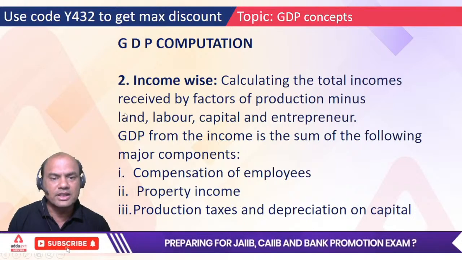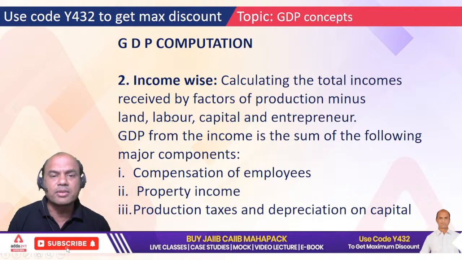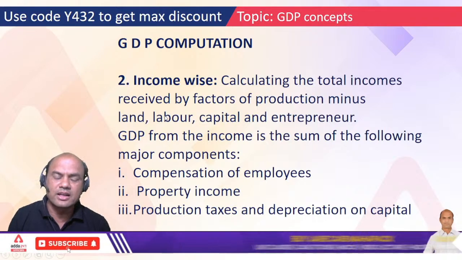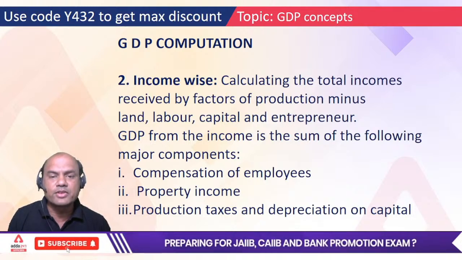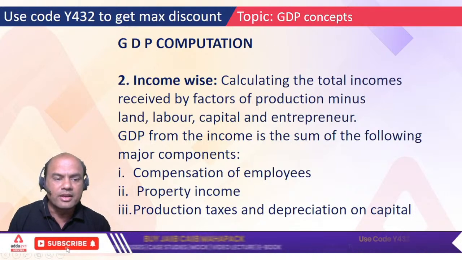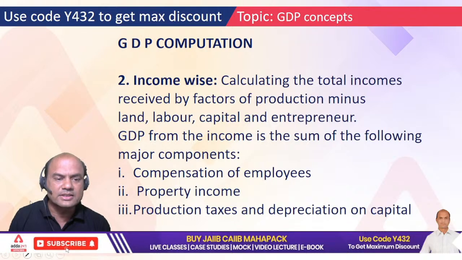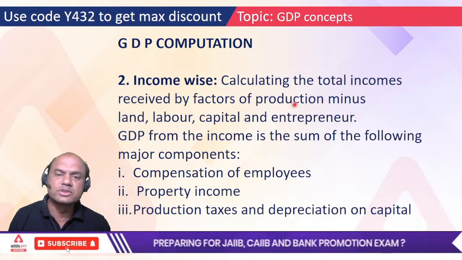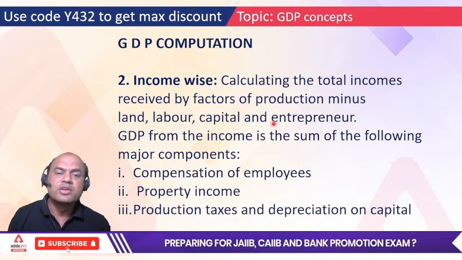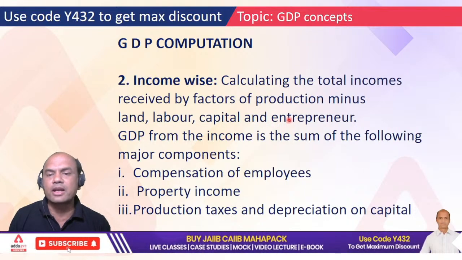Land is bought once and then we set up the factory. Labor is a continuous thing, but its cost is accounted for here. Capital is a one-time investment, whatever amount I bring in. And the entrepreneur is the person doing the things. So all these four are subtracted.